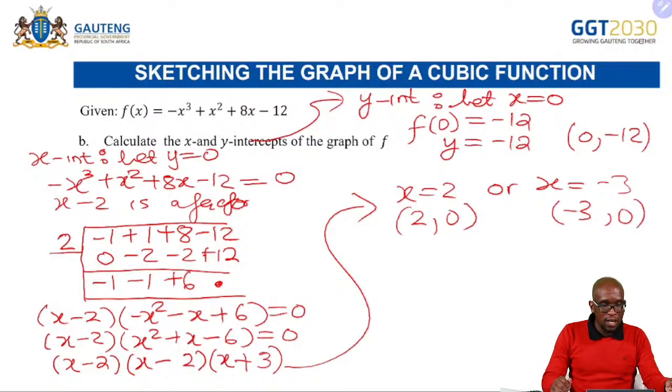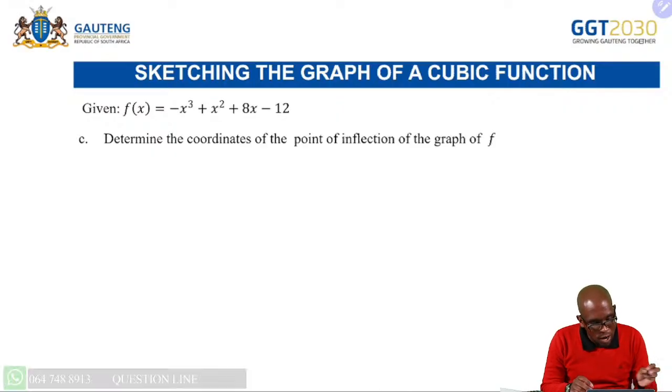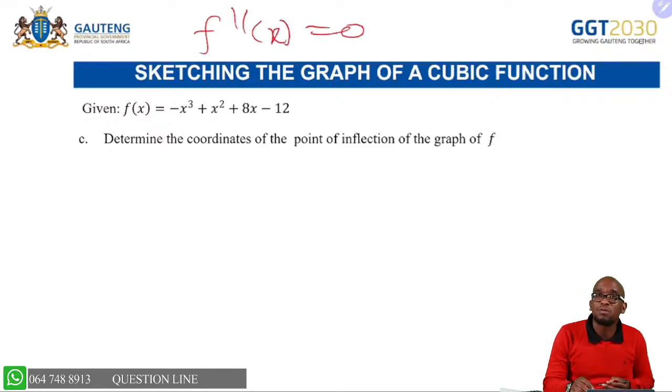So now we have the x and the y-intercepts. We can move on to the point of inflection. Remember, with the point of inflection, we want to solve the equation f double prime of x equals 0. That is where the point of inflection occurs.